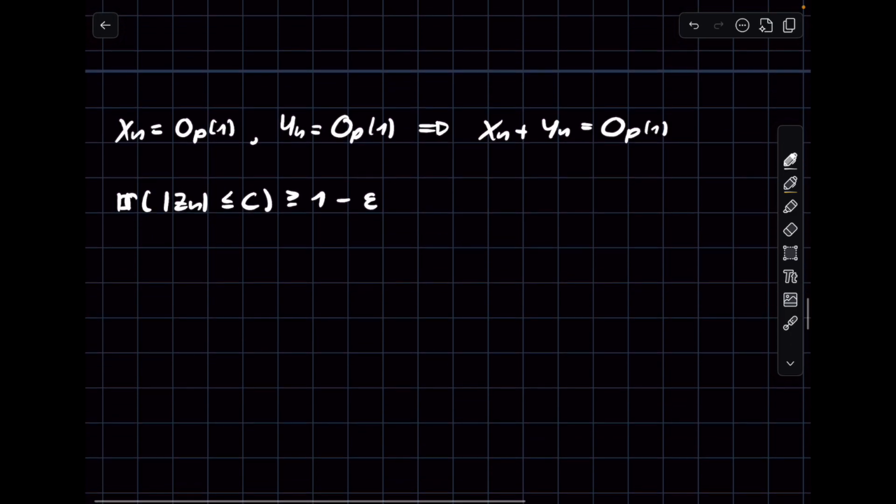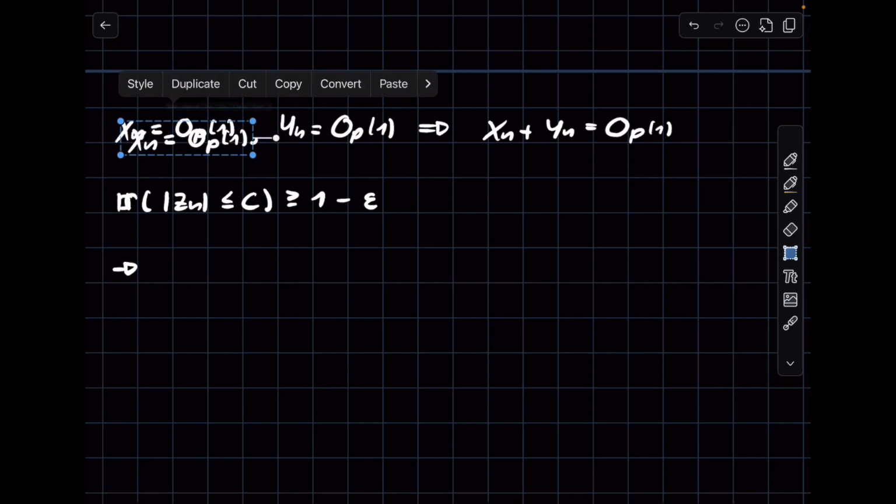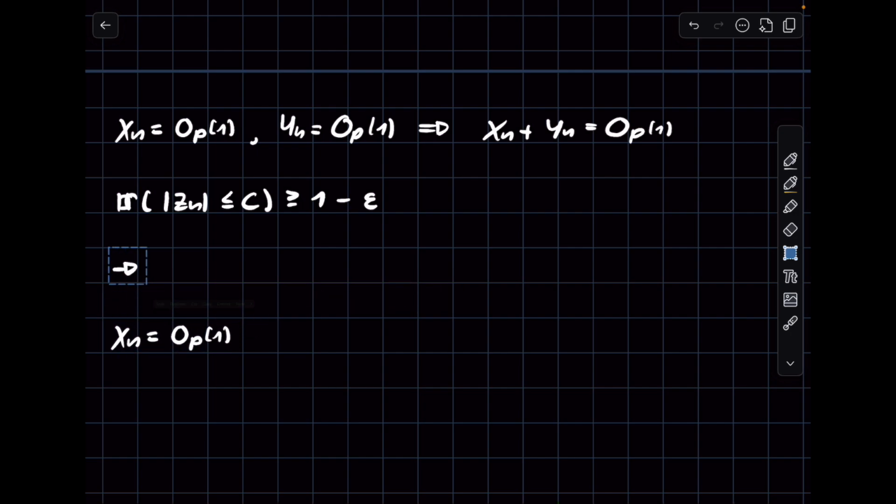So in this case, we have a sum. So this sum is this one here. First of all, we declare what we know. We know that x of n is this. Let me duplicate it and erase this.